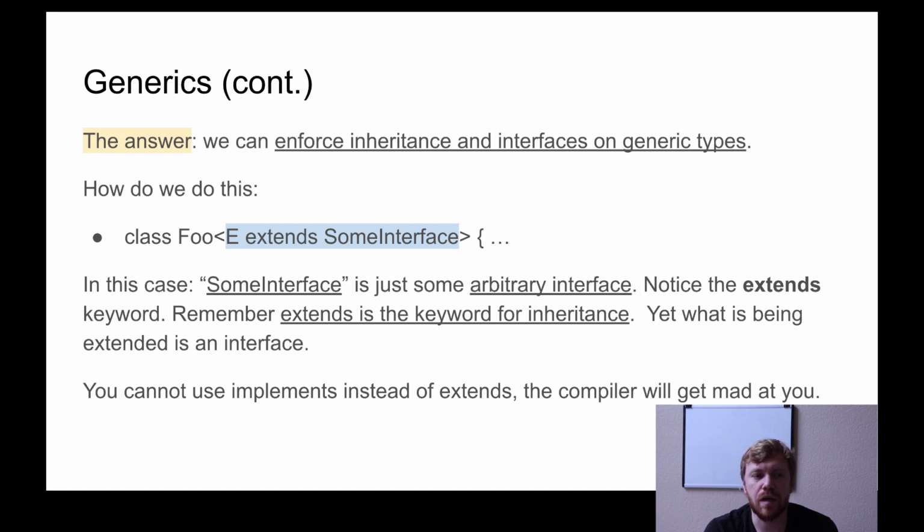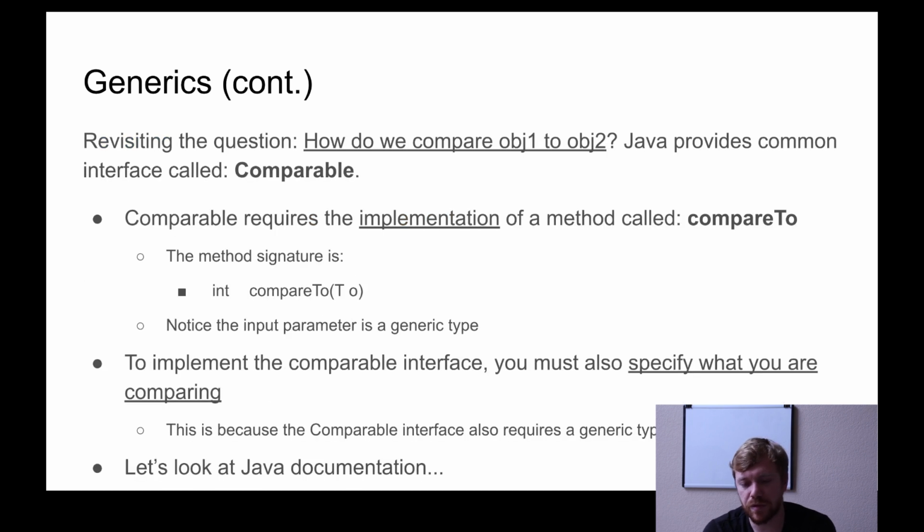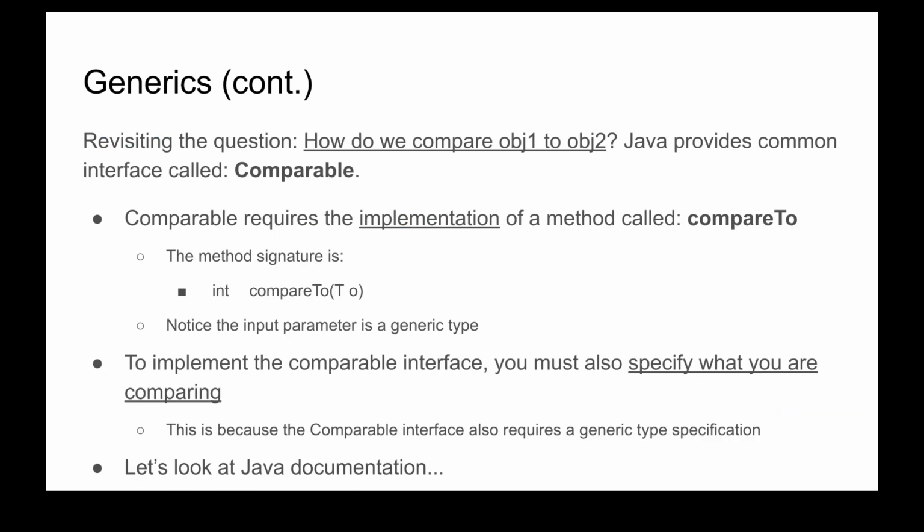So in Java, the convention for comparing two objects is to implement something called the comparable interface. And the only thing the comparable interface has that's useful is the compareTo method. This method takes in an object and will return an integer.